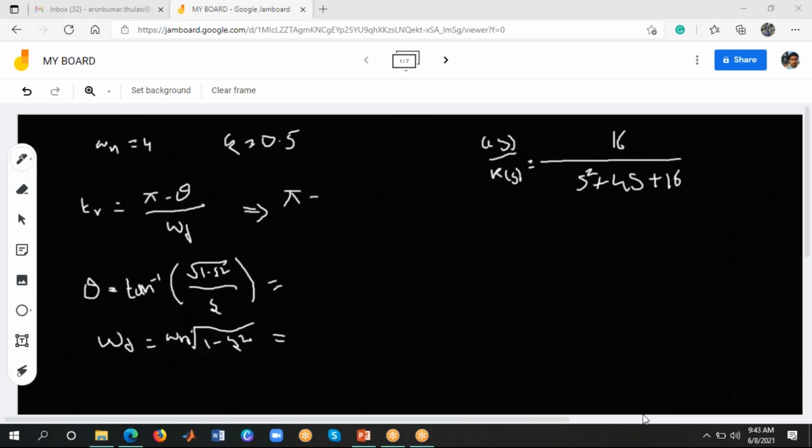So tan inverse of square root of 1 minus 0.5 squared looks like 0.87.